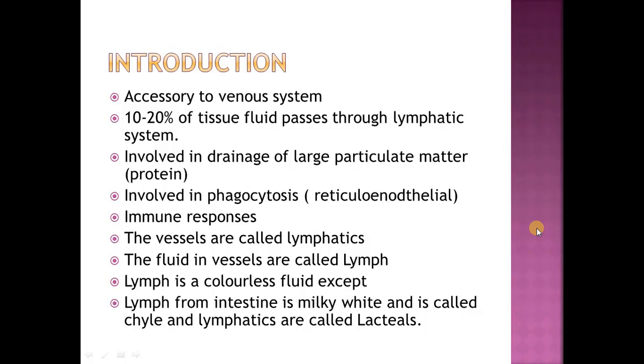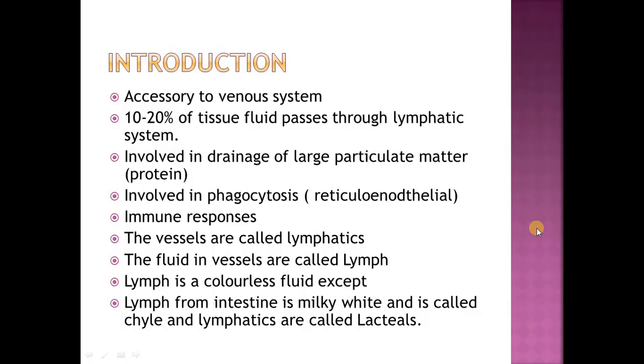The lymph which is collected from all the tissue spaces is colorless, whereas the lymph from the intestine is milky white, and it is called chyle. It is especially milky white when we take a high fat diet, when our diet is composed of a lot of fat materials.